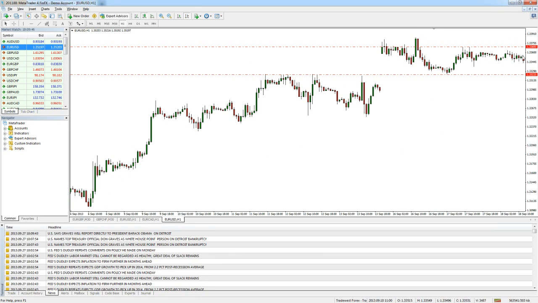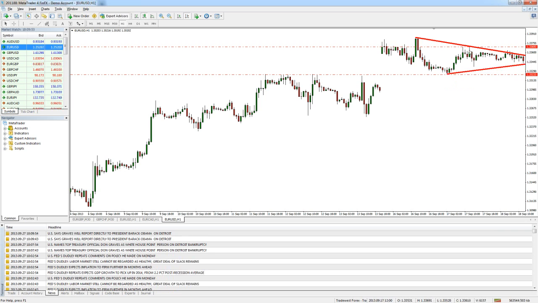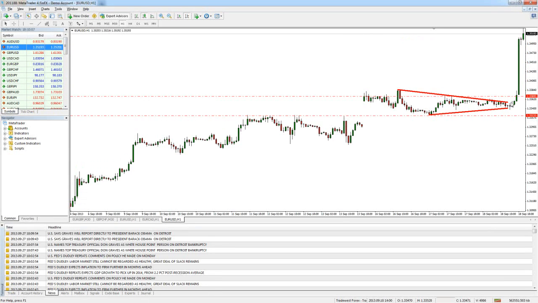The market was in a range. It wasn't going anywhere. And it slowly, as you can see here, went into a pennant consolidation pattern, making lower highs, higher lows. It wasn't going anywhere. Well, the reason you want to know previous trend direction is because most of the time the market will break out in that same direction. And in this case, it was news that pushed it out even further.